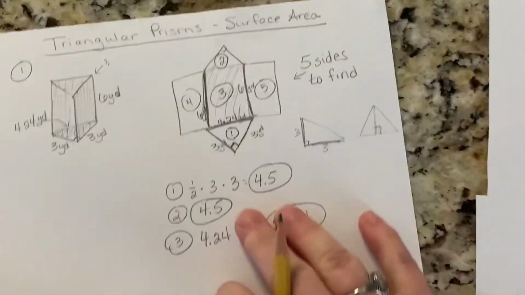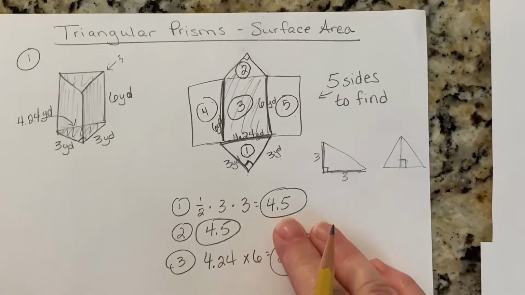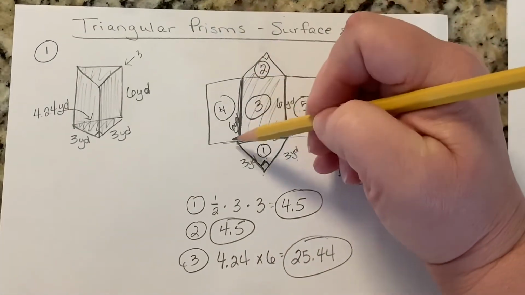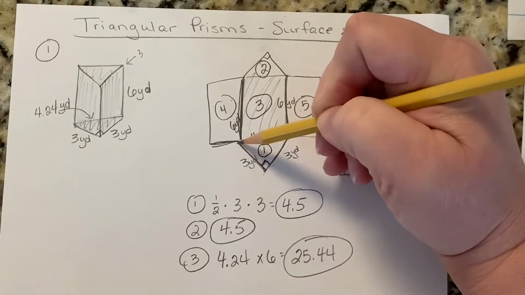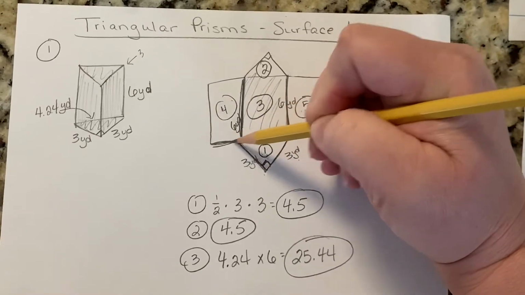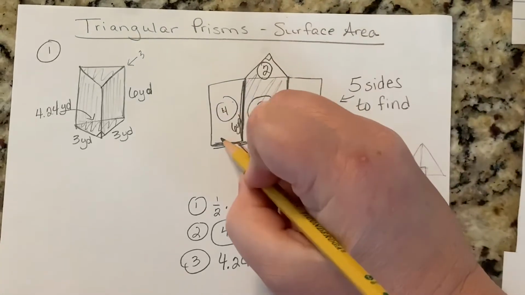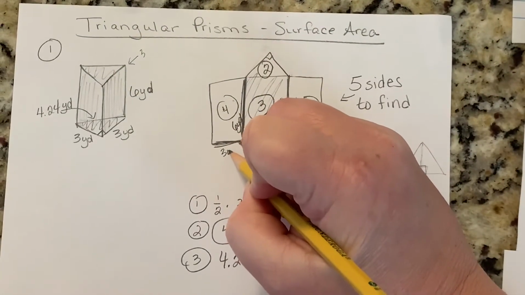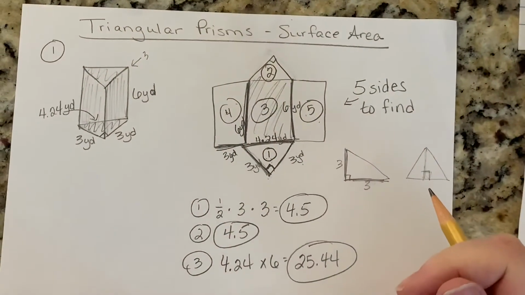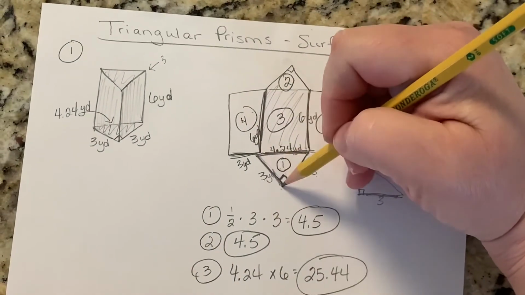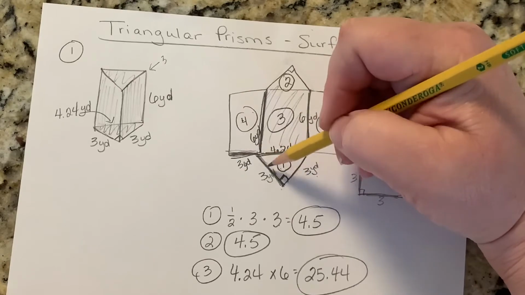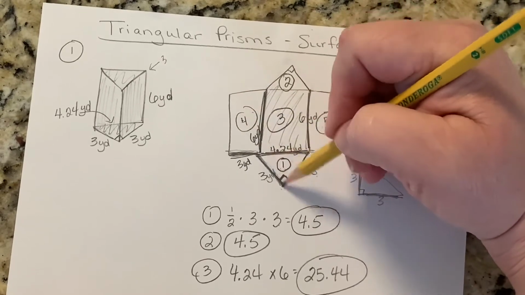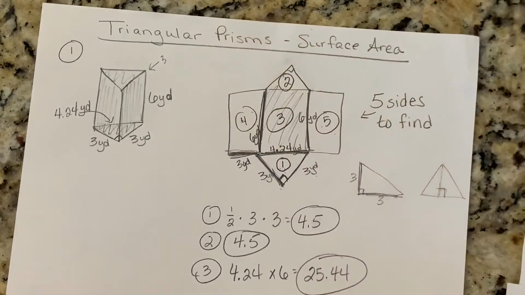Now the question is, what is the length of this side? Well, remember, this side was folded up to this side, so these 2 are actually the same length. So this side is actually also 3 yards, and that may be where some of you are having your difficulty. So right here is 3 yards because it was folded up. When you fold this up, it lines up with this side.